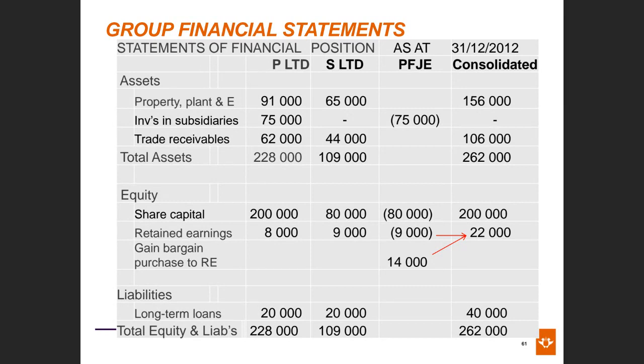But remember, we had the pro forma journal entry of 9,000 Rand. And then our gain from bargain purchase will be added to our retained earnings through our profit. So our retained earnings in this situation is 22,000. Then we have our long-term loans. P Limited had long-term loans of 20,000. S also had 20,000. So 20 plus 20 will give you 40.